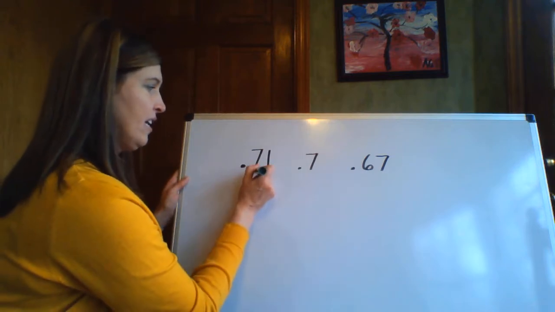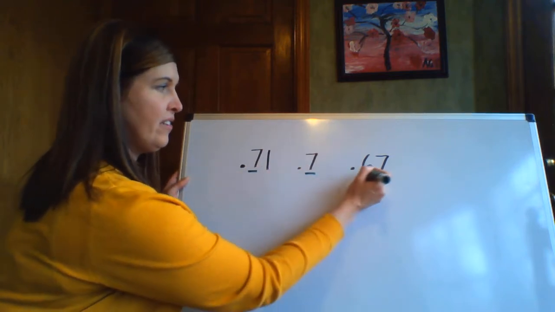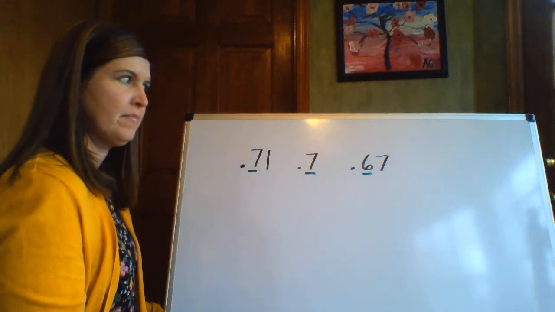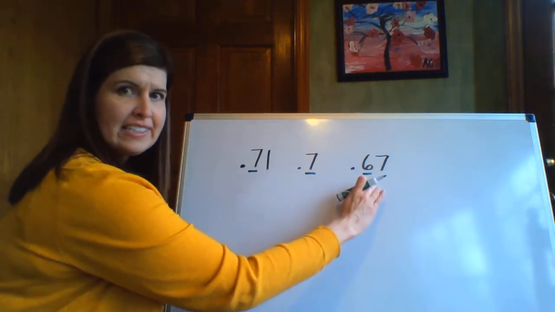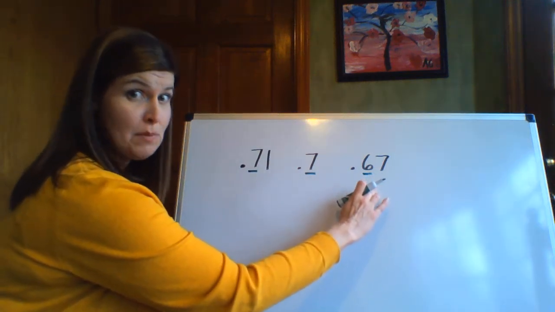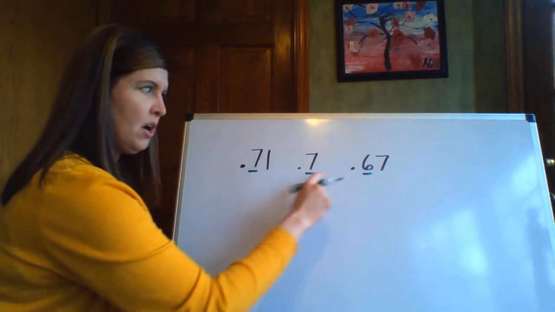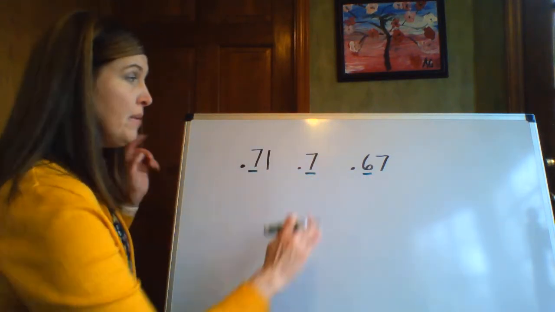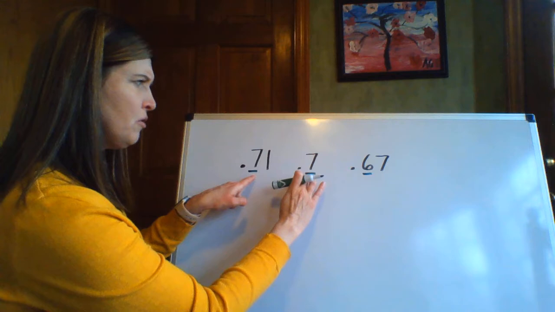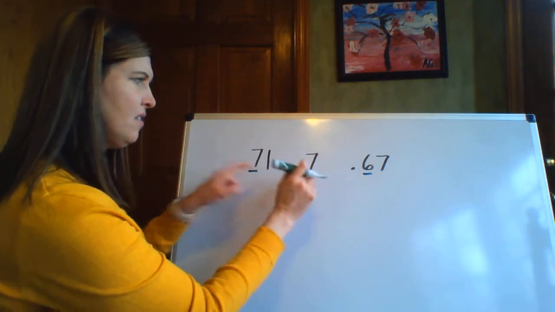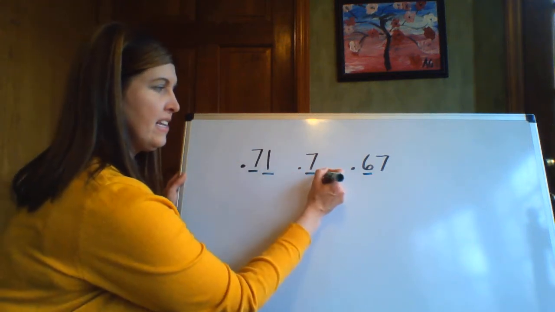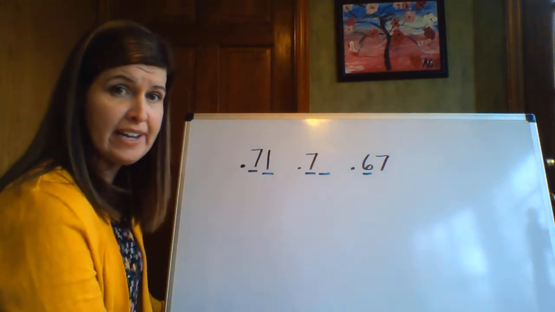So I'm comparing the 7 and the 6. Well, I automatically know that this is going to be my smallest because 6 is smaller than these 7s. But to figure out here, I know I need to go to the next place value, which is going to be the hundredths place.